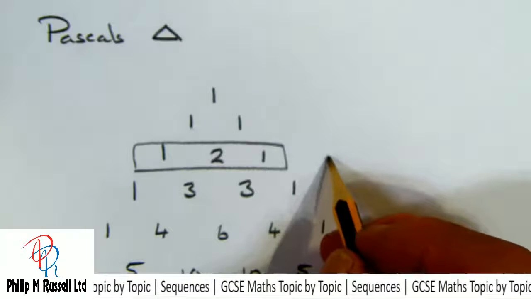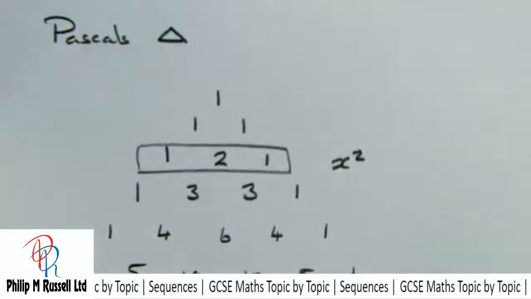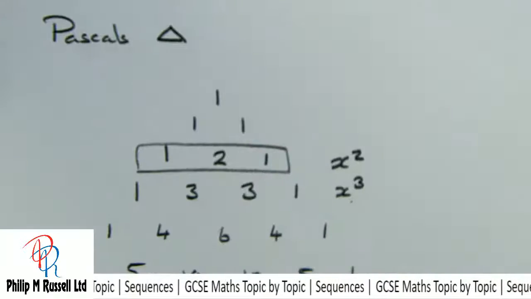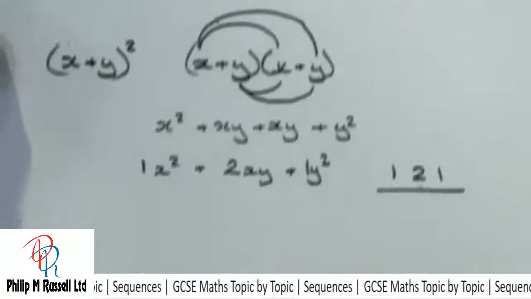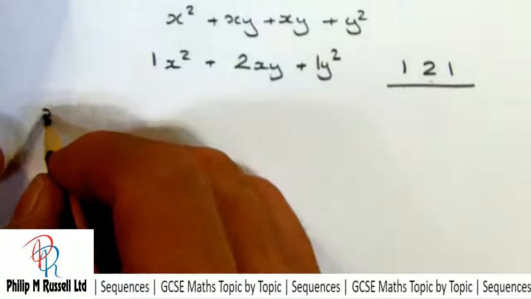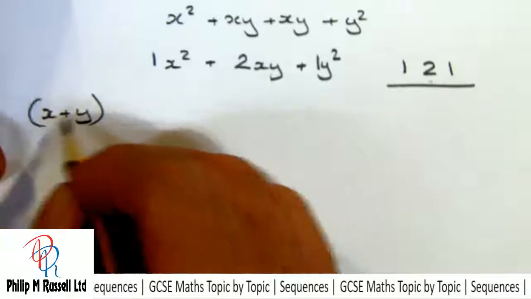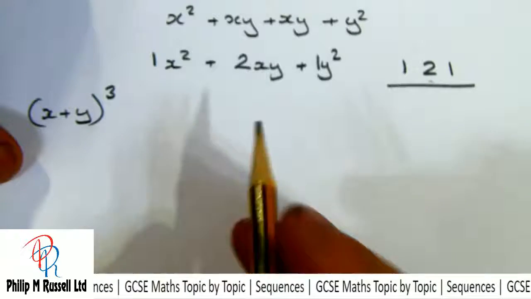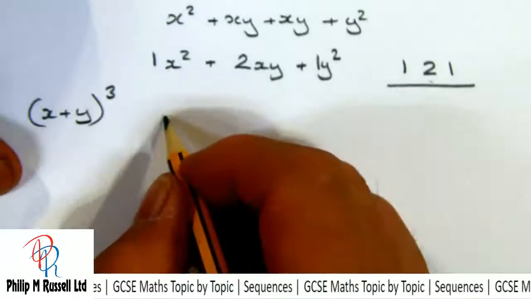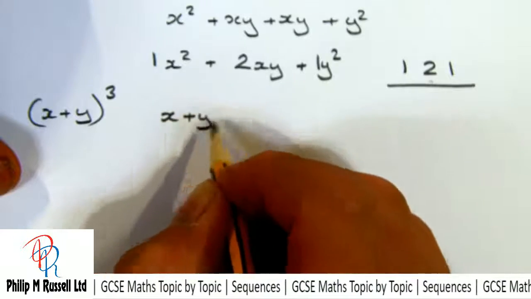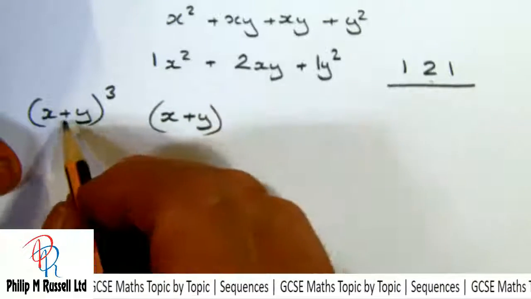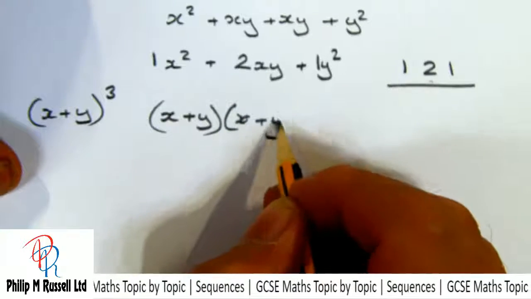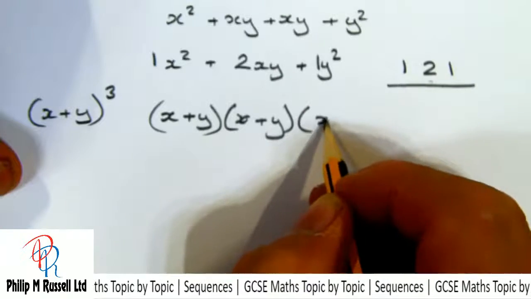So this was an x squared term. Let's look at this one here. Is it an x cubed term? If it's an x cubed, then this is going to be x plus y cubed. Well, x plus y cubed is going to be the same as x plus y times x plus y times x plus y.